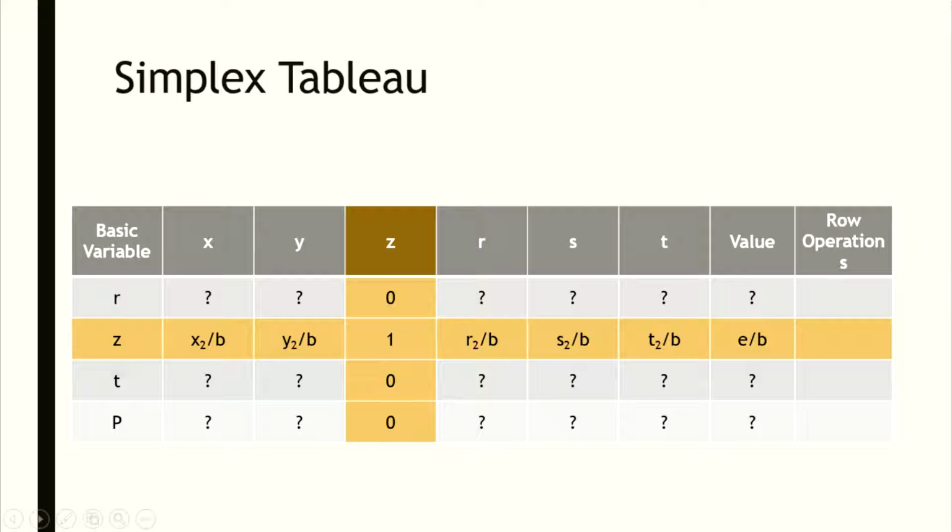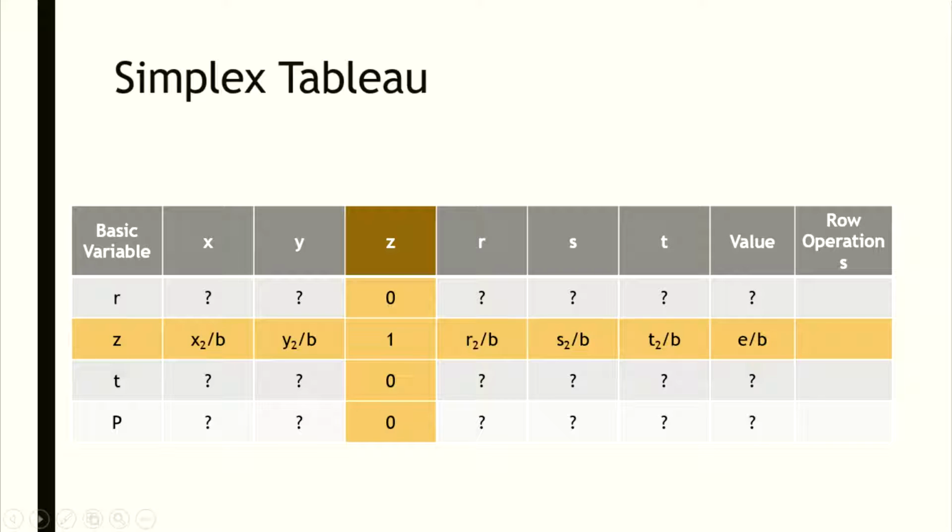Now we don't know if this is an optimal solution, since, as you can see, the question marks there are all calculated from row operations, and there could still be negative values in the objective row at the bottom. So at this point we repeat the process until there are no more negative numbers in the objective row.